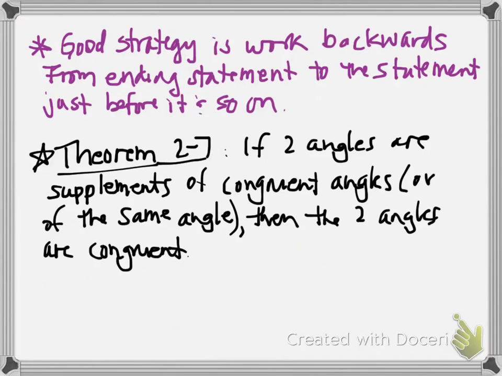And we're going to do this proof. Now, because I'm doing this proof, I cannot use Theorem 2-7 in the proof. Okay? So this proof is of Theorem 2-7. And how I know it is, it's based on what's given to me.